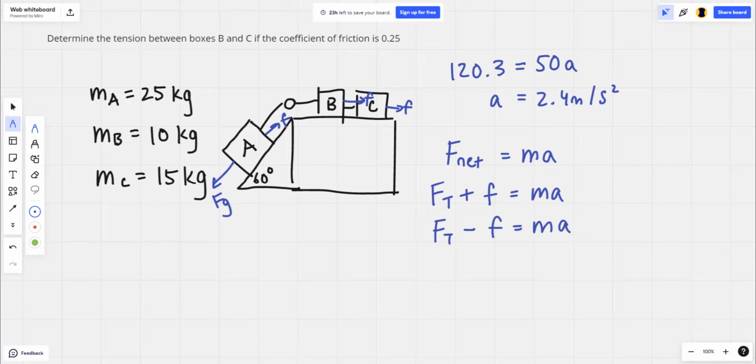And we're trying to find the tension. So to find the tension, just add friction to both sides. So you get ma plus F. And to plug in the values, since we're only doing it for box C, we can use the mass of box C, which is 15. And since we already got the acceleration, which is 2.4, and the friction, well, let's rewrite something.